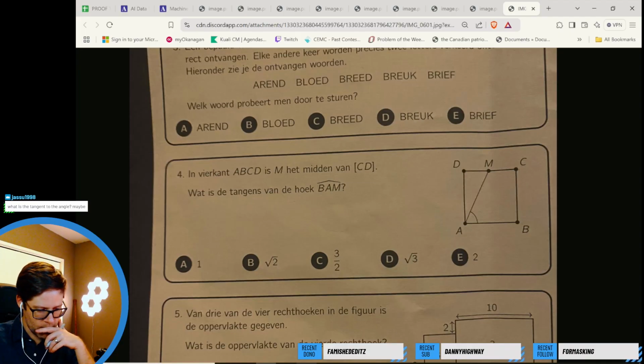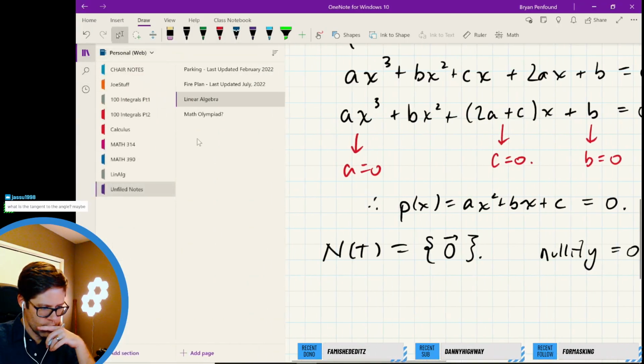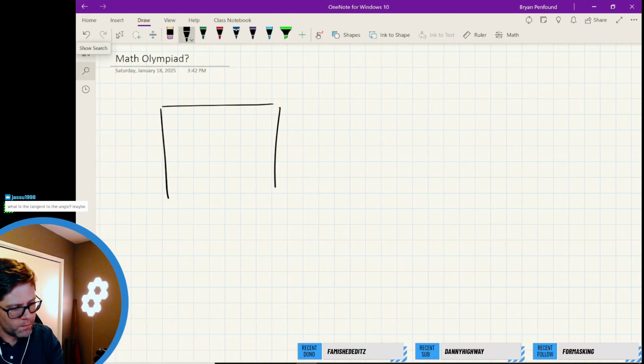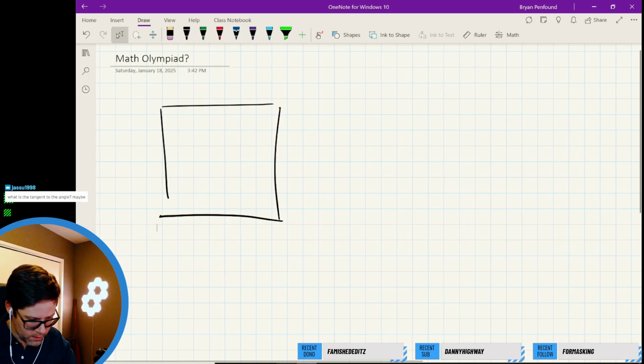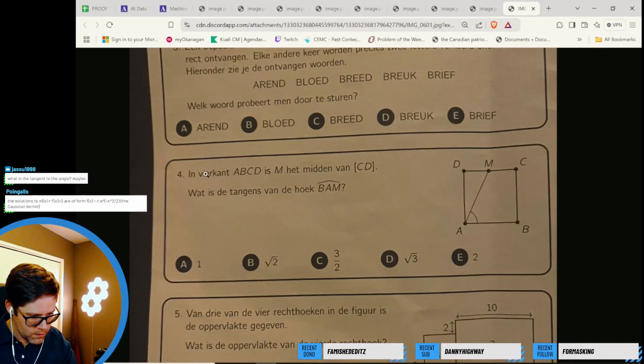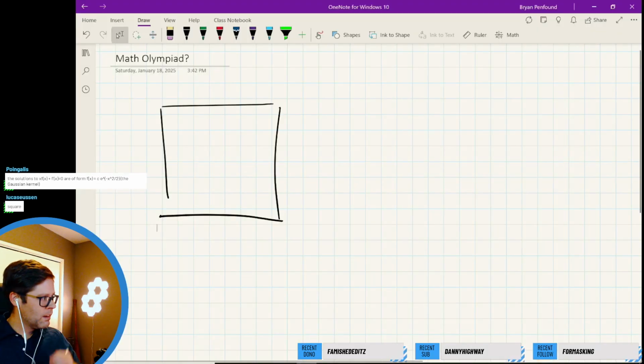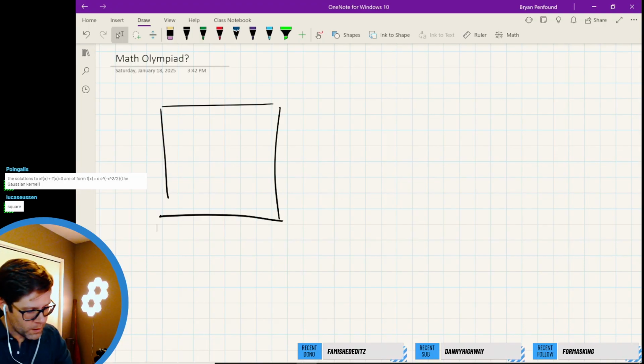Okay. So we have a square. I assume it's a square. It looks like a square. And how do we label the square?